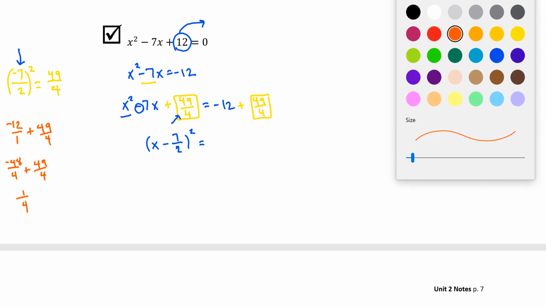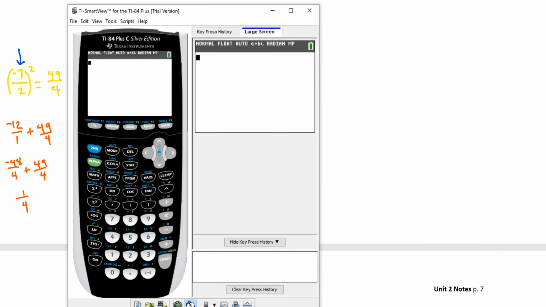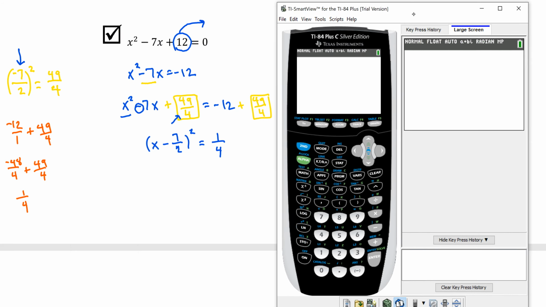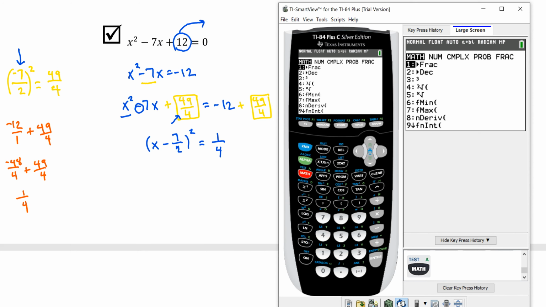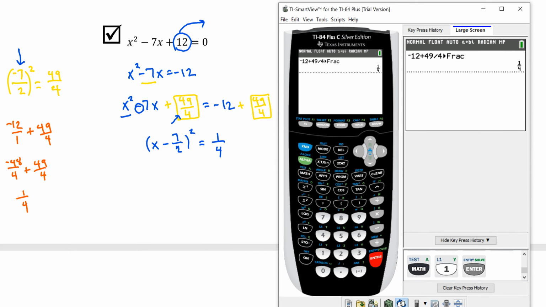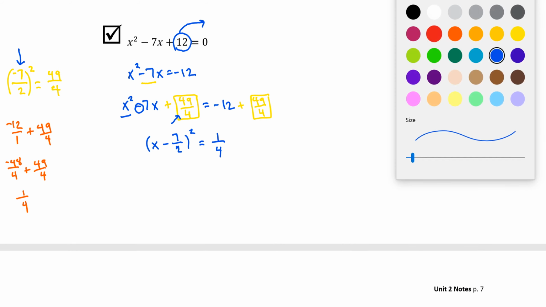So combining like terms on the right side, we have 1/4. Now, if your brain is taxed from all of the algebra, remember you can check your calculations with your calculator as well. So I'm going to type in negative 12 plus 49 over 4 and turn that back into a fraction. 1/4. We did a good job. Okay, so completing the square is done.